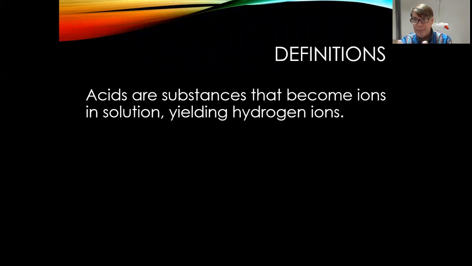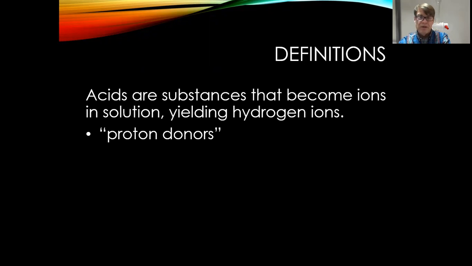They eat stuff up. But technically speaking, an acid is a substance that becomes an ion in solution, yielding a hydrogen ion. So what is a hydrogen ion? Well, hydrogen is one proton and one electron. And so if it becomes an ion and loses its electron, it becomes a proton. And so basically, the more technical definition of an acid is it's a proton donor.